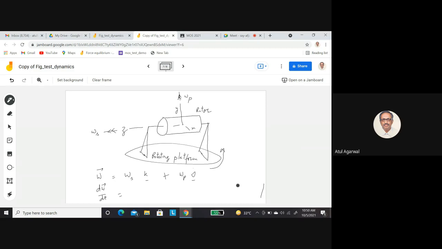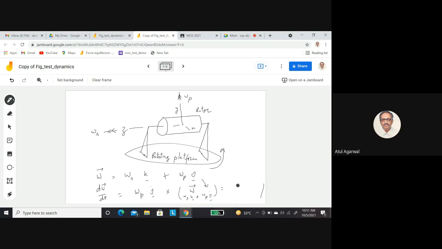So you will use this relation: omega p j cross whatever is this angular velocity. This angular velocity is omega s k plus omega p j.